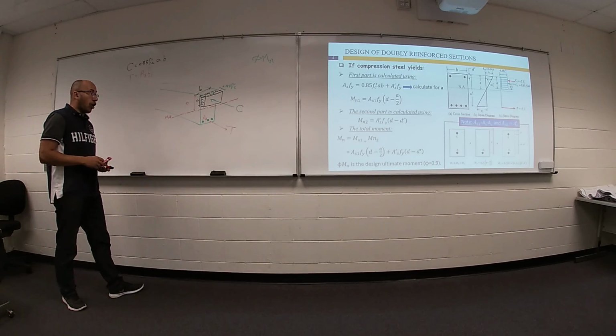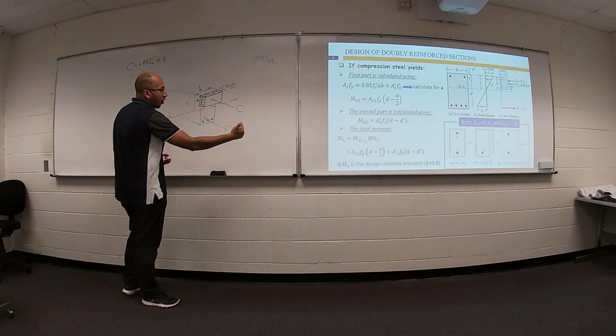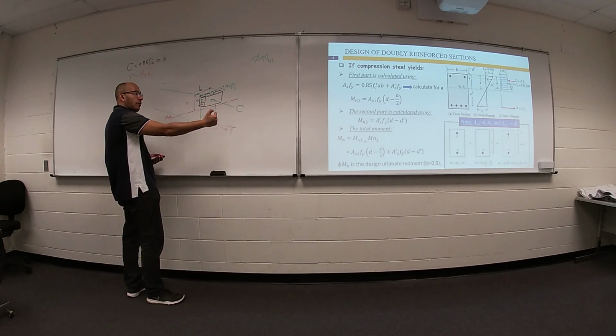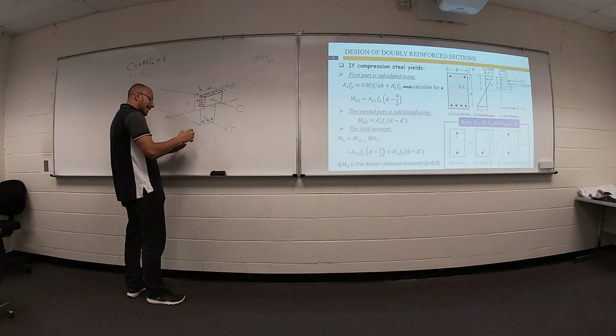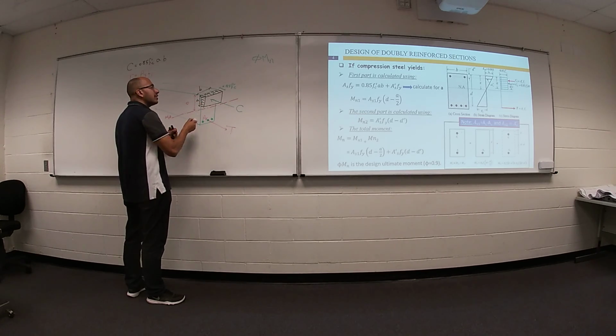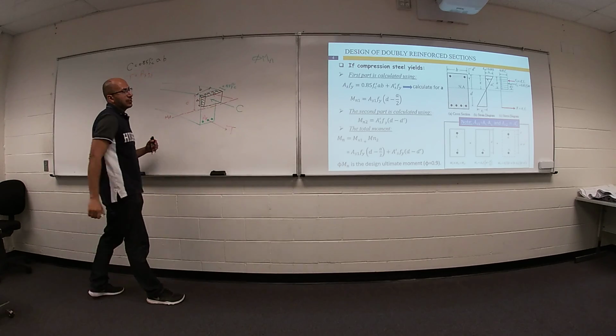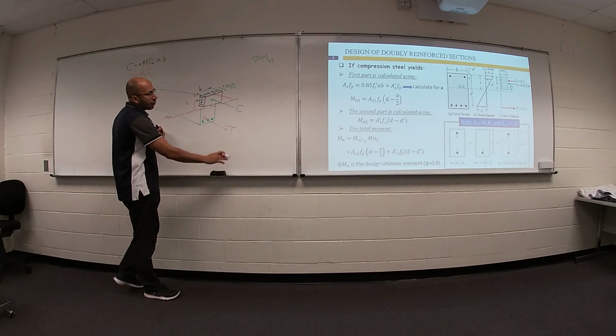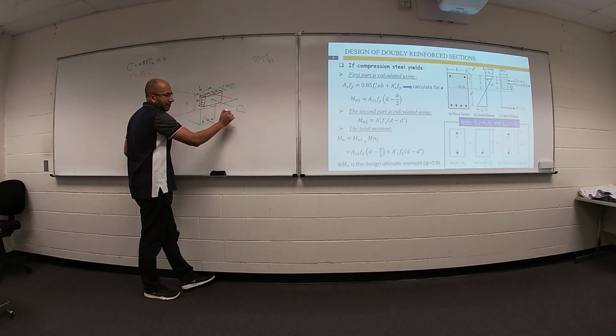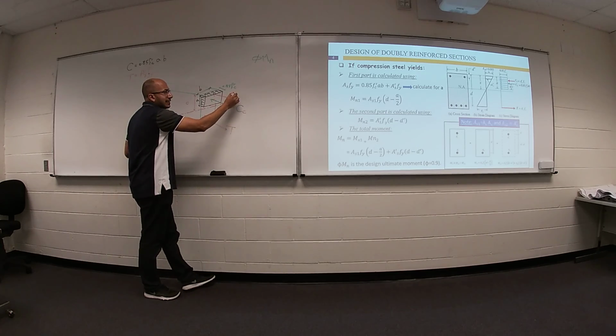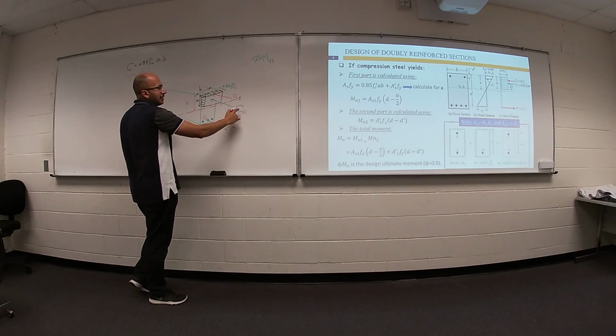Actually, at the top, we have compressive force in concrete, and another compressive force in the steel reinforcement in compression. So we can call this one Cc and this one Cs, C steel reinforcement, C concrete.